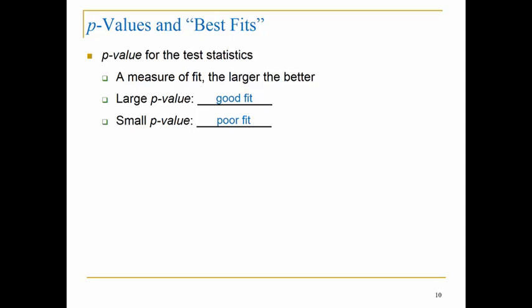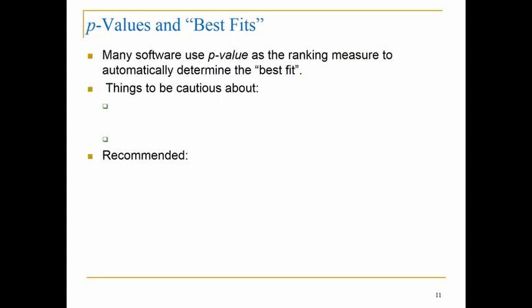However, a small p-value signifies that we have a poor fit for our data. Many software packages use the p-value as a ranking measure to automatically determine the best fits, and that is the case also for the Input Analyzer.